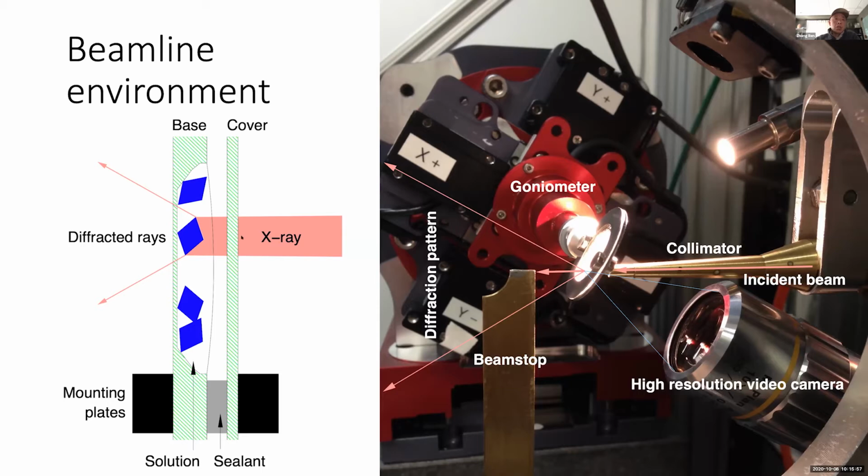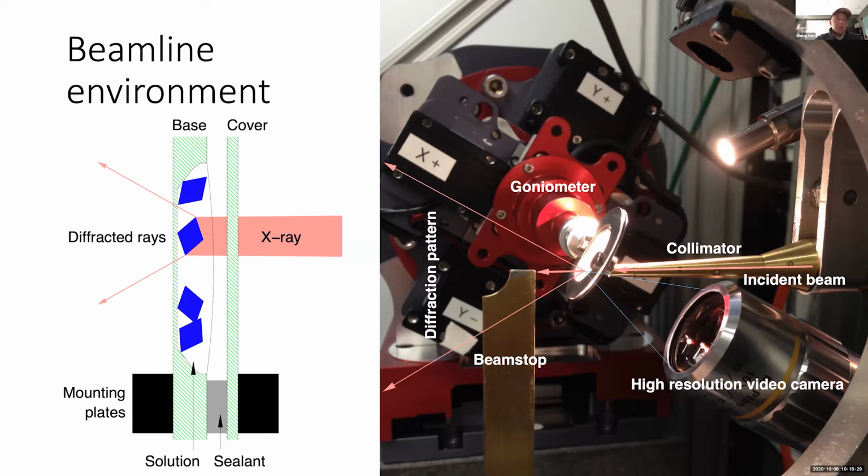When it goes through the front cover, a few things will happen. It will absorb a small portion of it, but who cares? That attenuates the beam slightly. But this material would not scatter the X-ray if you align it very well, and it will not diffract the X-ray either. So as I showed before, there is no scattering, there is no Bragg diffraction.